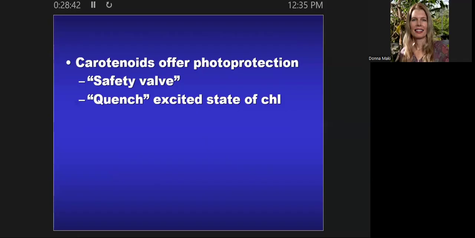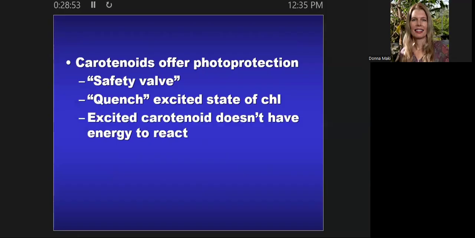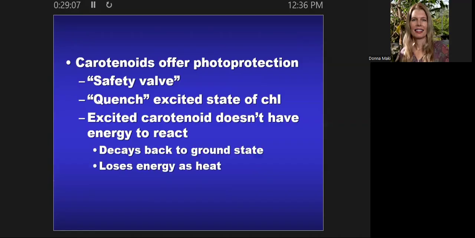So if those chlorophyll molecules get too excited, where the electron transport essentially starts to fall apart and get out of whack, the carotenoids will take on some of that excitation, and there's a little reaction that they can run, and it allows for the extra energy to get converted to heat energy instead of excited electrons that go on to be given to oxygen, creating all these free radicals.